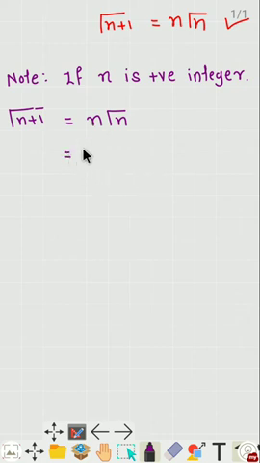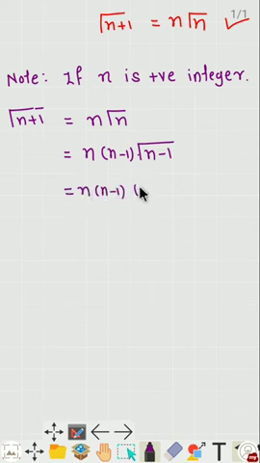It is equal to n into, so can we use this same property for this gamma n? Yes, we can use it, and it is n minus 1 into gamma n minus 1. Again we can use the same property for this gamma. It is equal to n into n minus 1 into n minus 2 into gamma n minus 2.